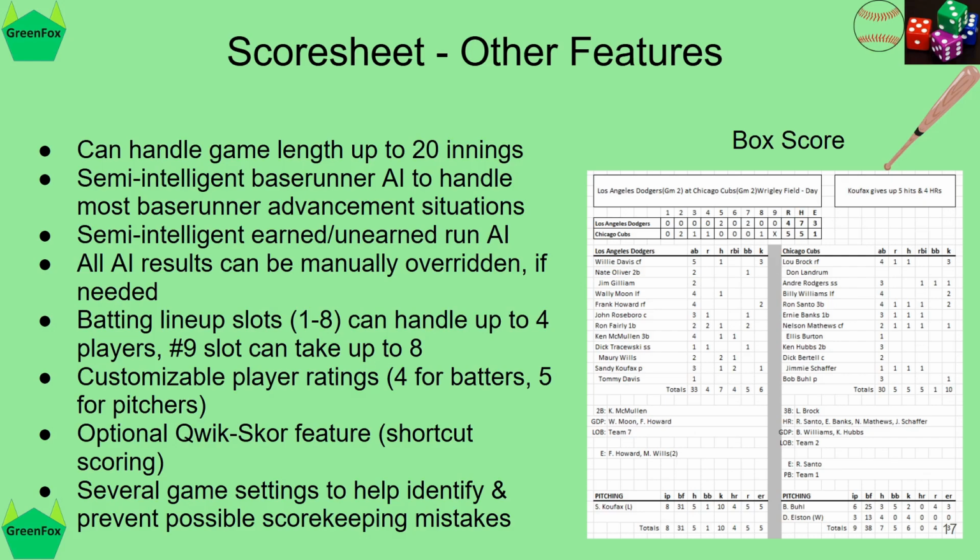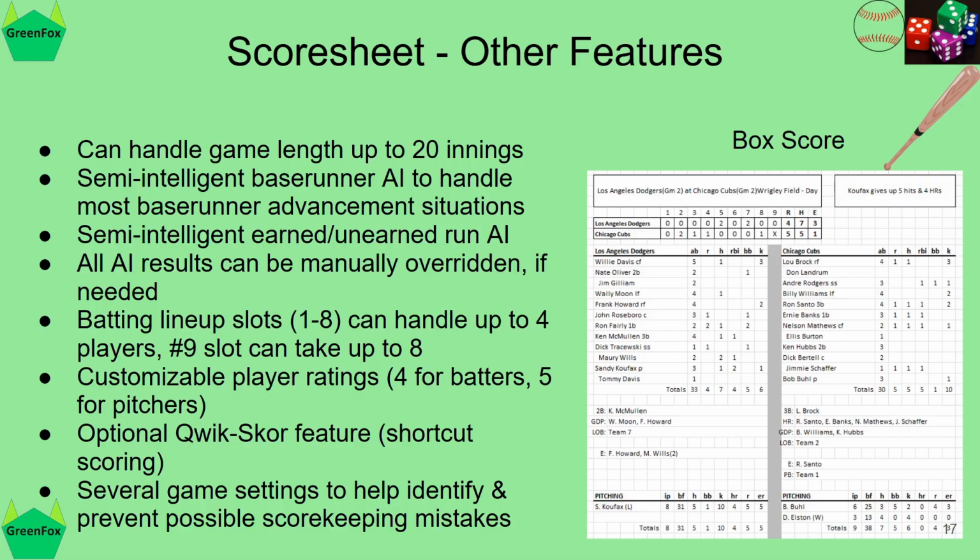So it knows, by what you record for the batter, how many bases the base runner should move and whether the run might be earned or unearned. It's conservative on that, so it doesn't put unearned if it's unsure. But you can always override it manually to correct it.